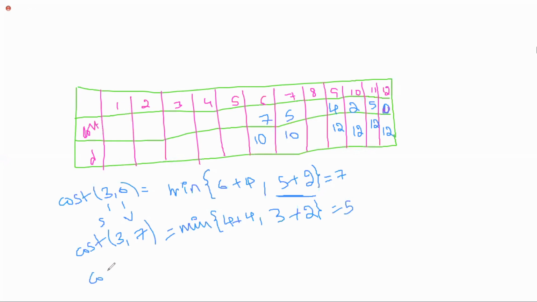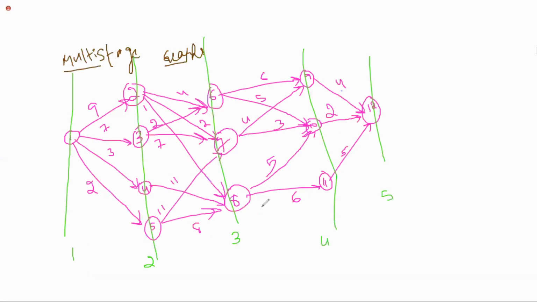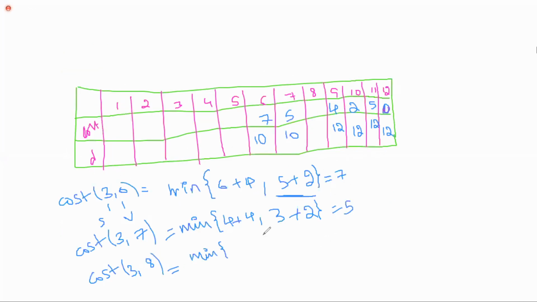Next, one more vertex in stage 3, 3 comma 8. This also has two outgoing edges. First one is 5, and we know the cost of 10 from the table, which is 2. So 5 plus 2, comma.